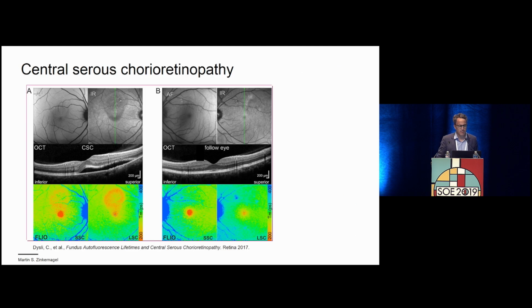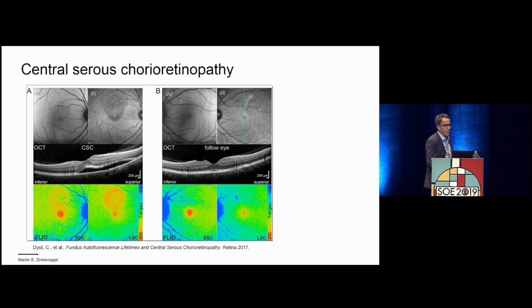Now let's look at central serous chorioretinopathy. You all know these images, so these are autofluorescence and infrared images. You can see in the OCT there's quite a lot of subretinal fluid. If you now look at the FLIO image at the bottom, you can see the macular pigment down here.